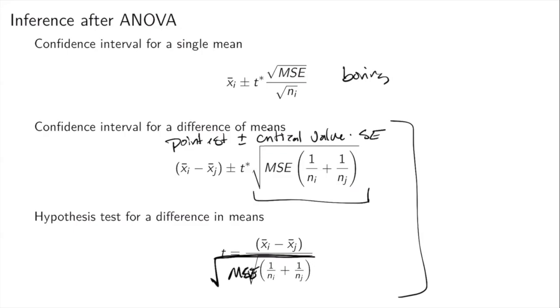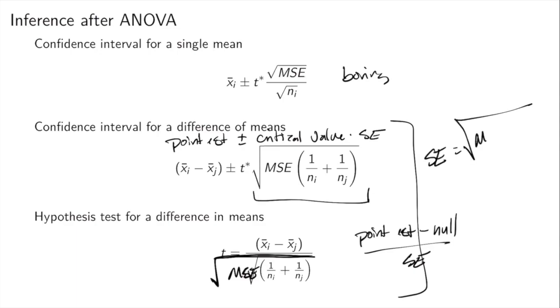For a hypothesis test, that's always our point estimate minus our null, over our standard error. And again, we're going to compute the standard error as the square root of the mean squared error times 1 over n_i plus 1 over n_j, square root of that whole thing. So that's how we're going to do inference after ANOVA.